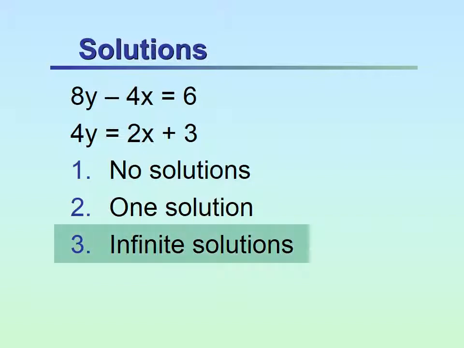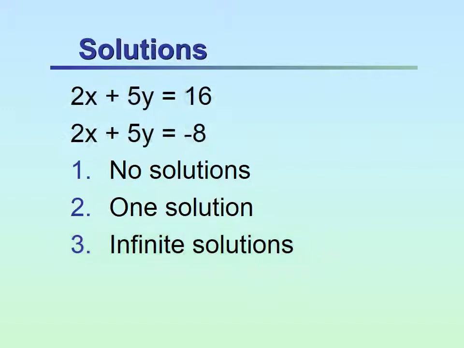All right, you should have gotten infinite solutions, which means that when you solve for y, you should have gotten the same exact equation. All right, try this one. All right, you should have gotten that their slope was the same, which means that there are no solutions. That means that they are parallel.